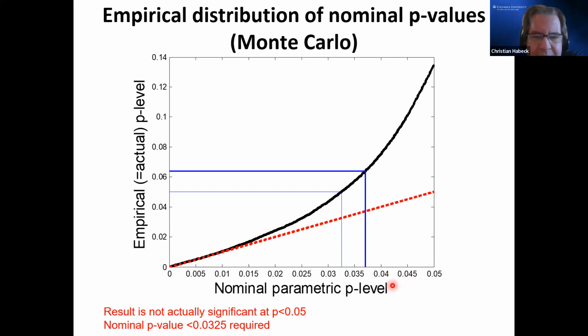I don't keep track of how many tests I ran, but I stop once I get a significant result. And you can compare the actual empirical p-value from the permutation test with the nominal value. You can see there's p-value inflation here, right?